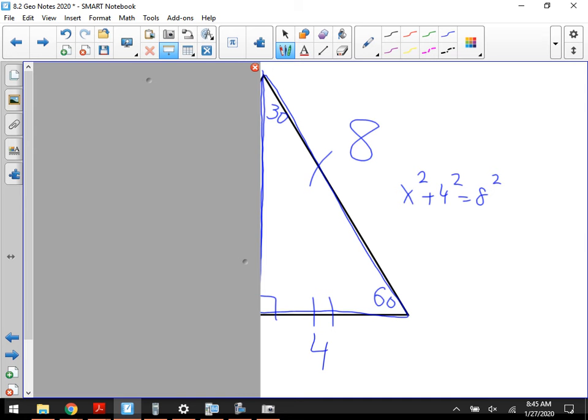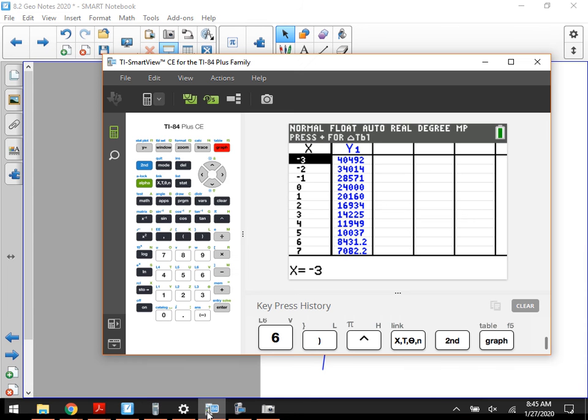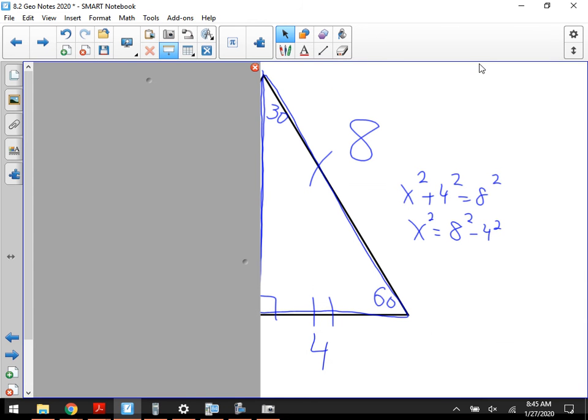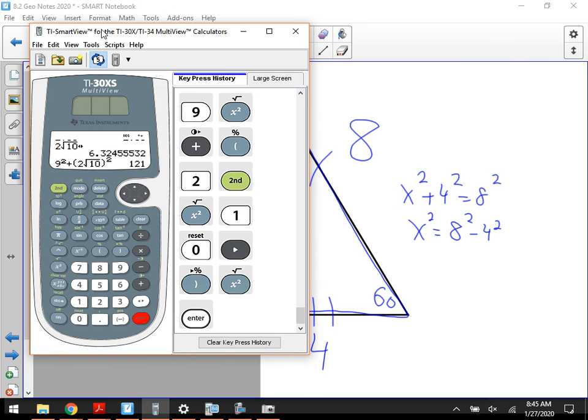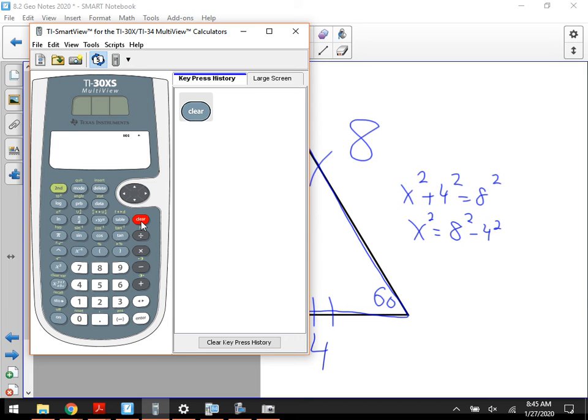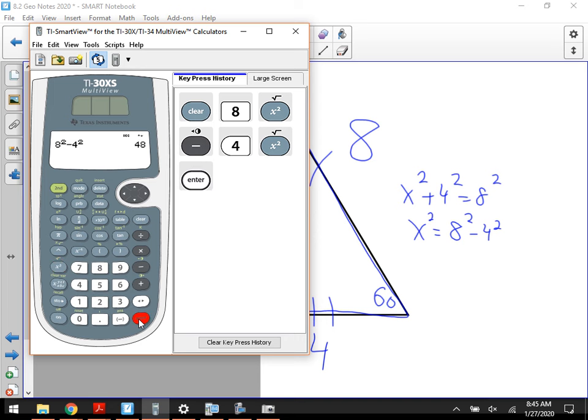All right. So I'm just going to write it out first. Now I get x squared is going to equal 8 squared subtract 4 squared, which means I'm going to go to my calculator. So in this calculator, we clear out what we have. 8 squared minus 4 squared. I get 48. How do I undo a square? Square root, good.